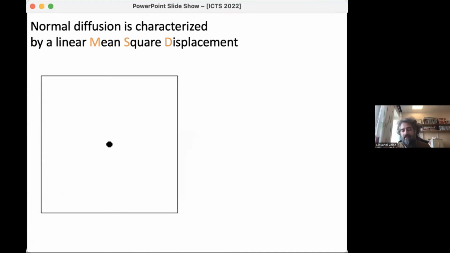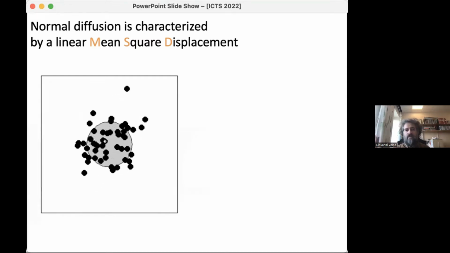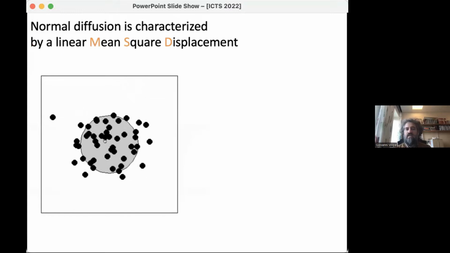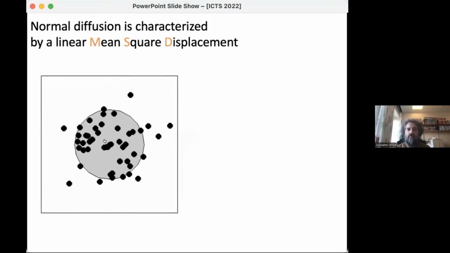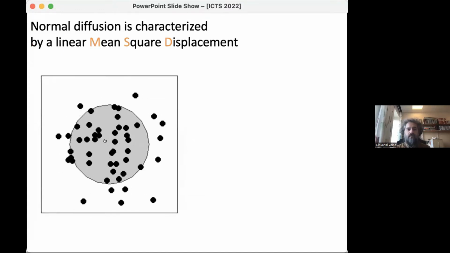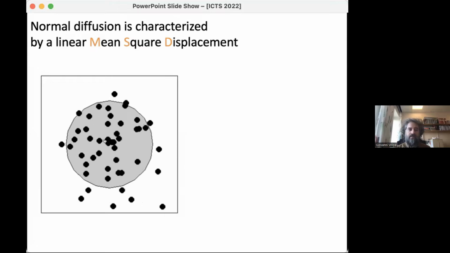But how do we characterize diffusion? Obviously, it's a random process, so we cannot really say much about a single trajectory, but we can say a lot about the average behavior of a group of trajectories. So here we will see now many particles diffusing, normal diffusion, and you see that over time they explore a larger and larger amount of space, indicated by the gray disk underlying the particles.